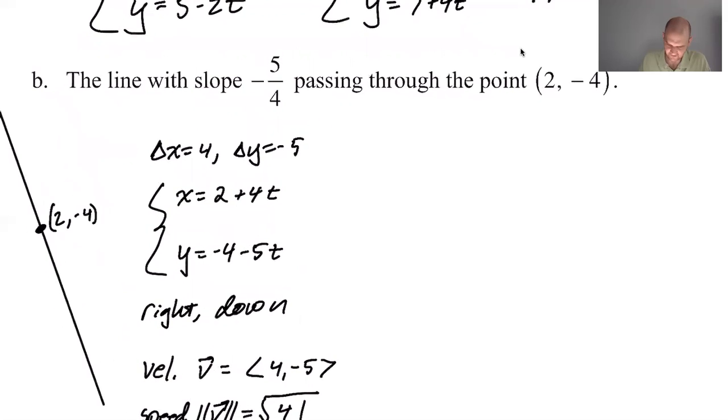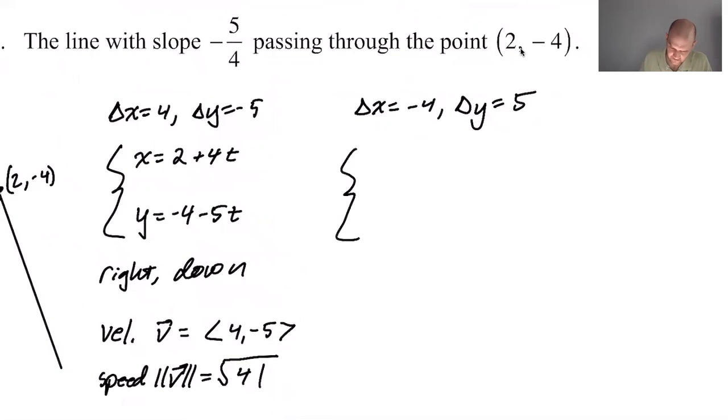Okay, what if we make a different choice? What if we choose delta x is -4 and delta y has to be +5, because delta y over delta x has to be -5/4. So we can do this again. Our anchor point, the point that it definitely starts at, is (2, -4), and then -4t and plus 5t.